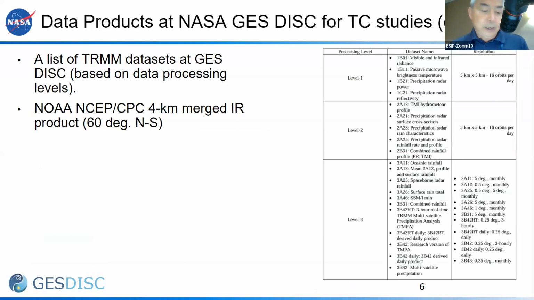So this table contains a list of the TRMM data sets at the GES DISC, based on the data processing levels. This TRMM product has become a part of the GPM product family now. Also, the NOAA NCEP CPC 4-kilometer merged IR product covering 60 degrees north and south can also be very useful for tropical cyclone research.